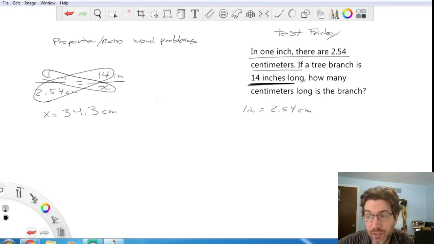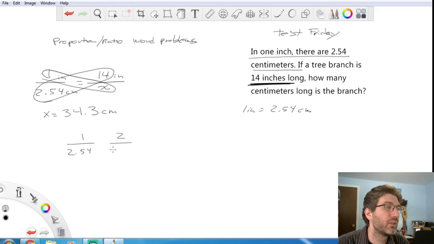And if you think about that, just take a minute. You can think of 14 inches as a bit longer than a foot, and you know there's about 30 centimeters in a foot, so that's a bit longer than it. Makes sense. But yeah, that's one way of doing it. You could have also scaled that out. You could have been like, well, 1 inch is 2.54, so 2 inches is double that, which is going to be a pain to find and do it that way.